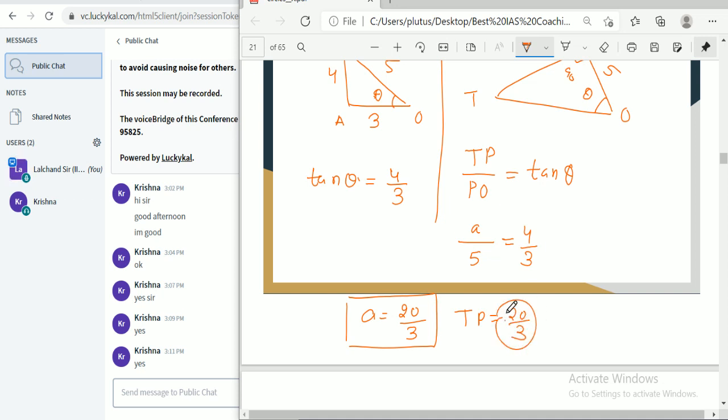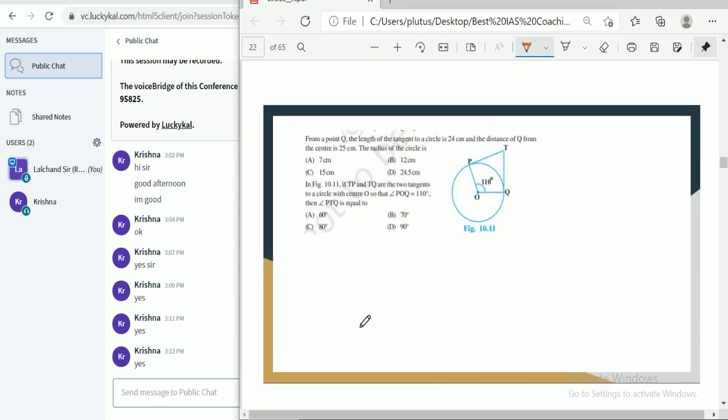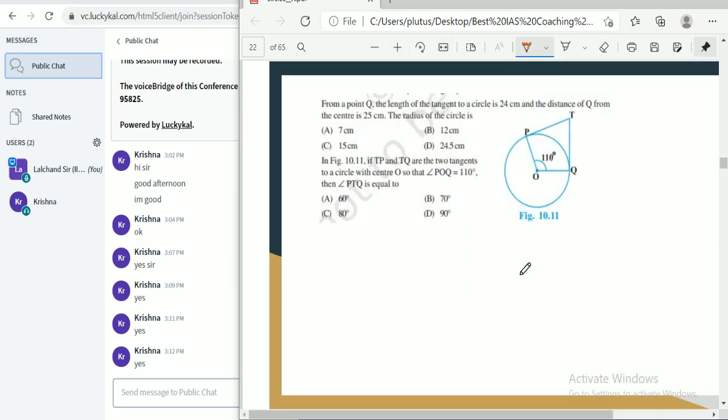Okay, so are you getting this? Okay, fine. So let us move on to the next question. Try to solve this question. Read this question and try to solve it. This is question number 1 and this is question number 2. So try to solve the first question.